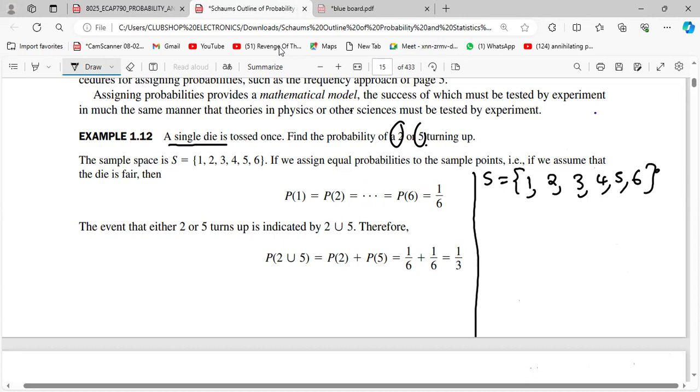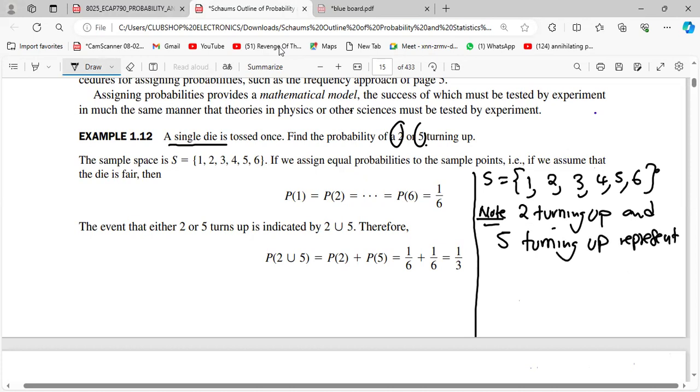Hence, note here, 2 turning up and 5 turning up represent mutually exclusive events, because these cannot happen at the same time.